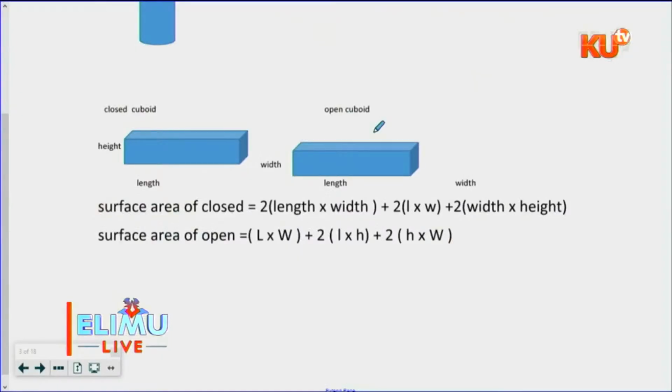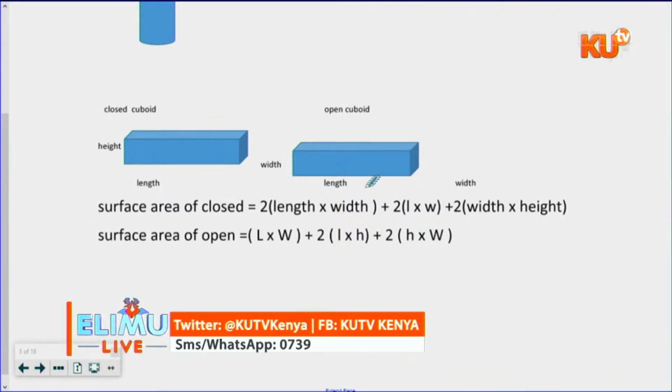All right, we say the top is not there. So what will be the formula of getting area of top? It will simply be length times width, because it is only the bottom part that is there.